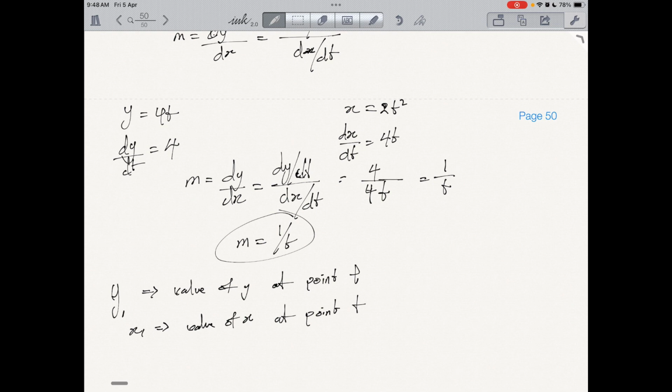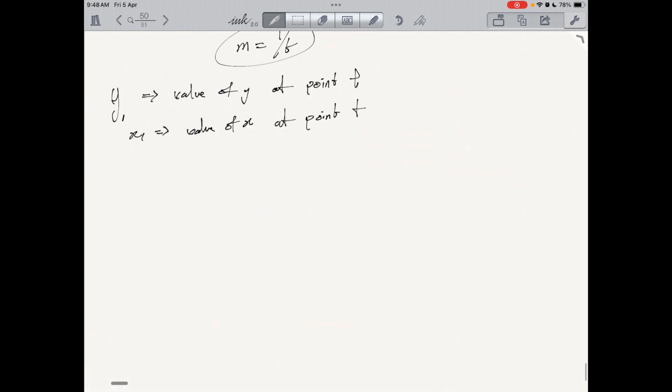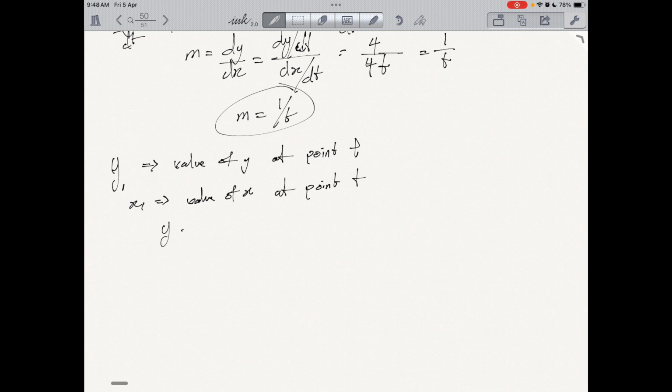Usually we are used to being given a particular value for the point or a corresponding coordinate, maybe 1, 2. Now we understand that y is equal to 4t and x is equal to 2t squared. So for y1, wherever we see t, we substitute t, which will still remain 4t, and x1 will still remain 2t squared.